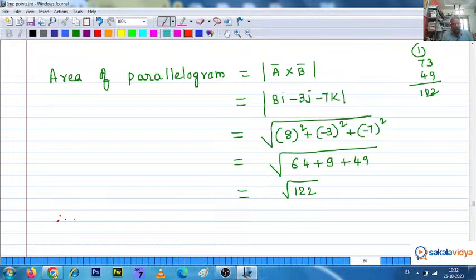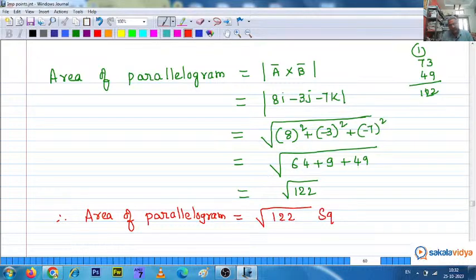Therefore, the area of the parallelogram is given by root of 122 square units. So this is the answer.